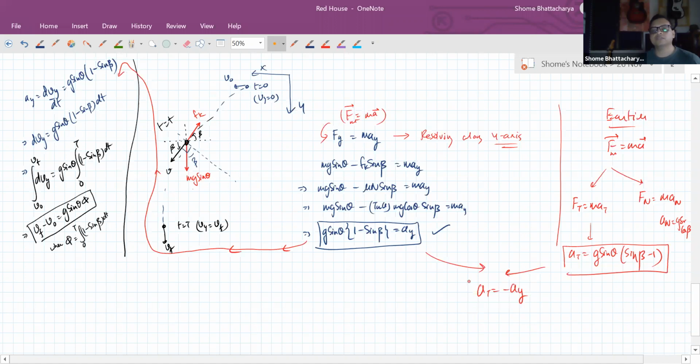This is what we are taking advantage of. Integration of tangential acceleration with respect to time gives you the change in speed, whereas integration of the y component of acceleration with respect to time gives you the change in the y component of velocity. So just solve this with the previous equation, the one we got by this integration, and you'll get an interesting answer.